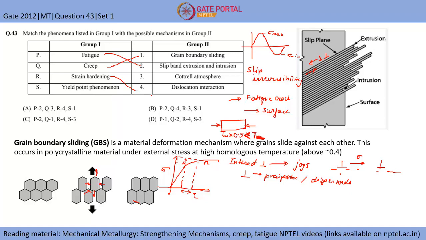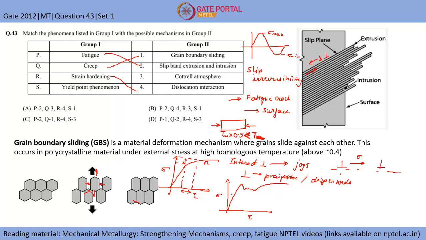Now coming to the fourth thing, which is basically the yield point phenomena. As you may have known, in mild steel we get a certain type of stress strain curve. It is basically like this, then like this, then again it starts to increase.